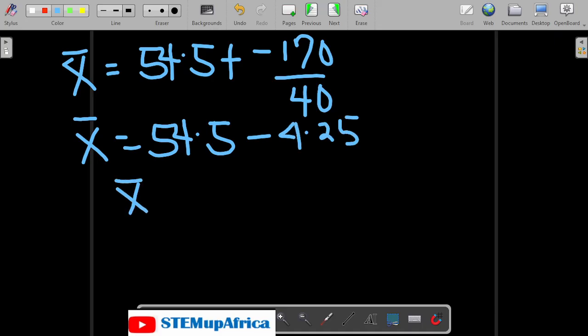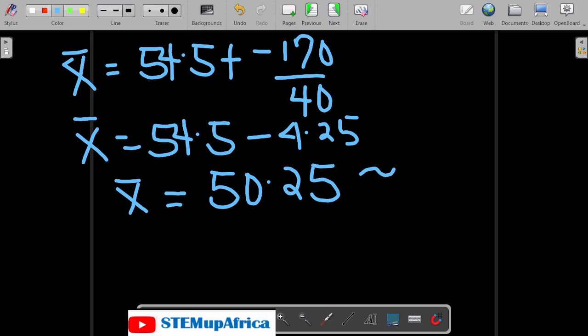What happens if I subtract 54.5 minus 4.25? I'm going to have 50.25. To the nearest whole number, our answer is 50. That is our mean. The mean is 50.